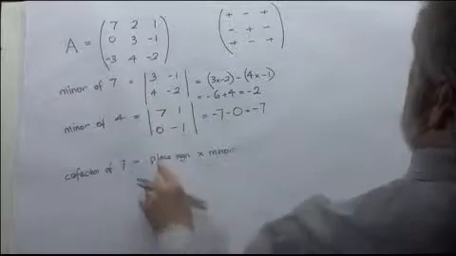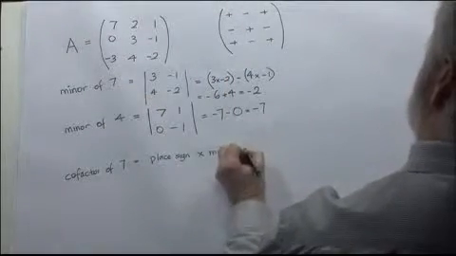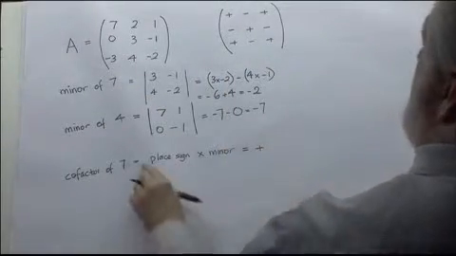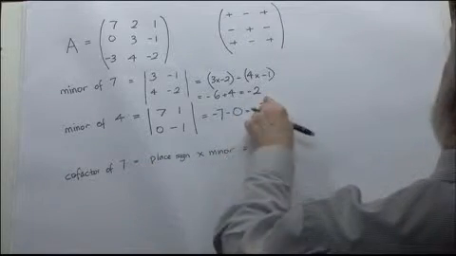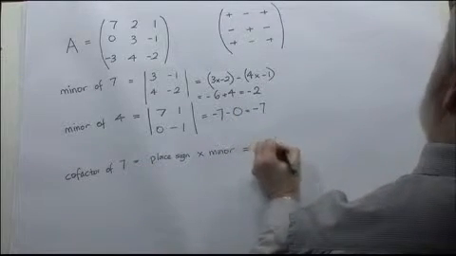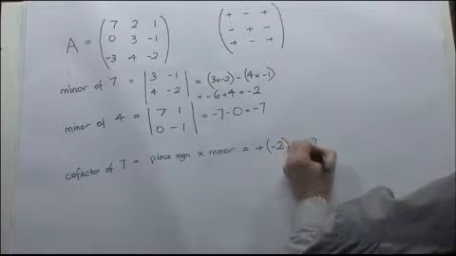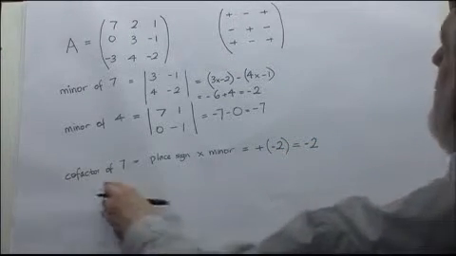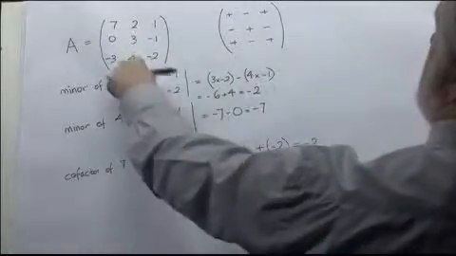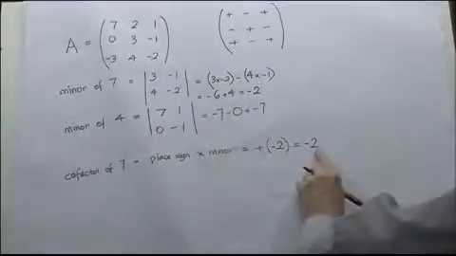So for the element 7, the place sign was plus, and the minor was minus 2. So we get plus minus 2, which is just equal to minus 2. So the cofactor of the element 7 in this matrix A is minus 2.